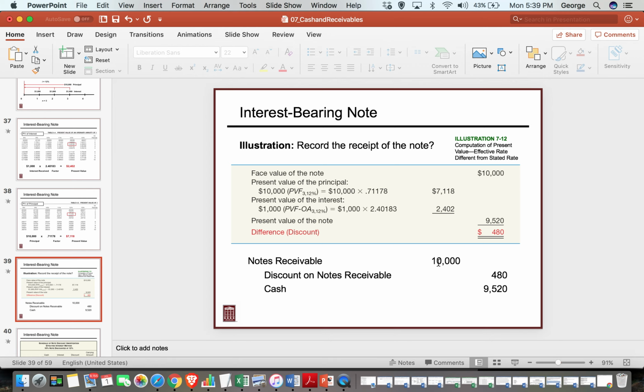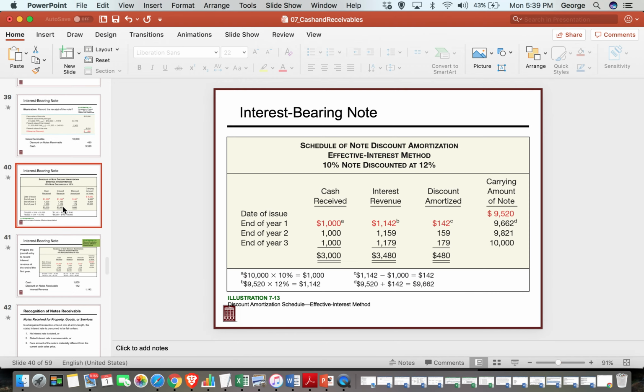The $10,000 does not include the interest, whereas in the other one it did. The interest is outside. So the $10,000 is basically just your principal, and $9,520 really, since we discounted back 3 years, is your principal. All right, so let's take a look at some of these entries.